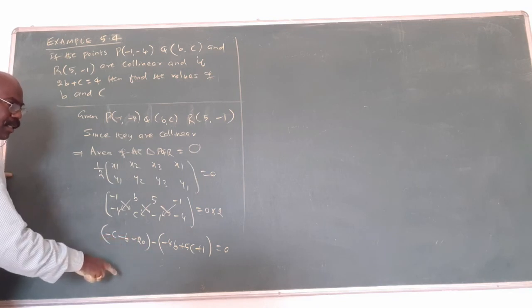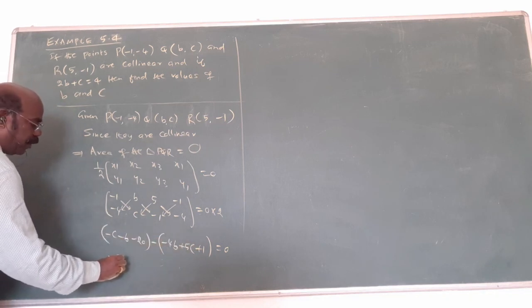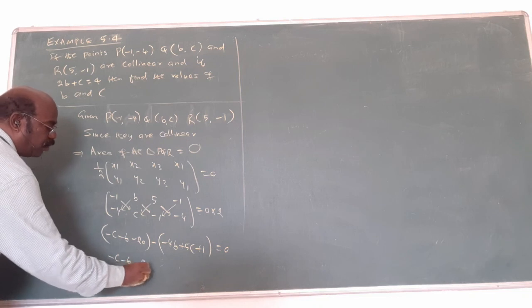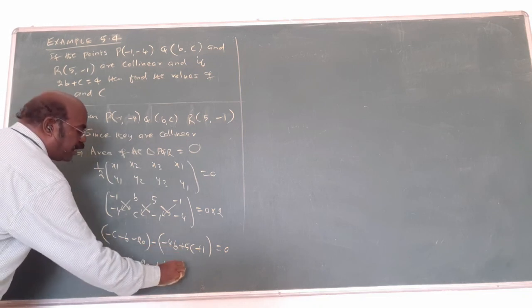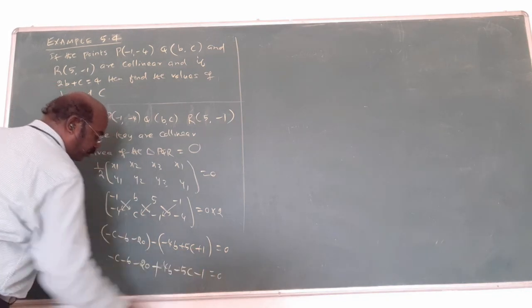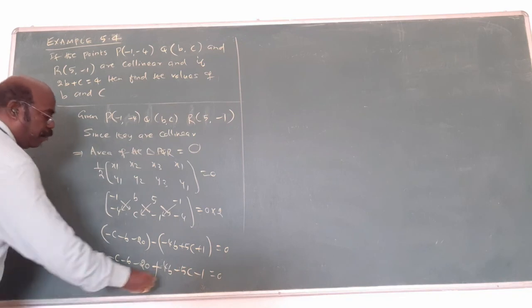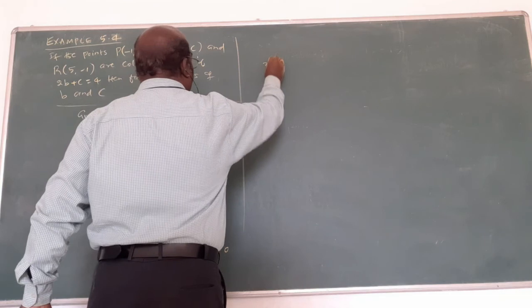Now, the terms with b, c and numbers are unlike terms. Addition is not possible, subtraction also not possible. That's why remove the bracket. Now combining b with b, 4b minus b, that's 3b.